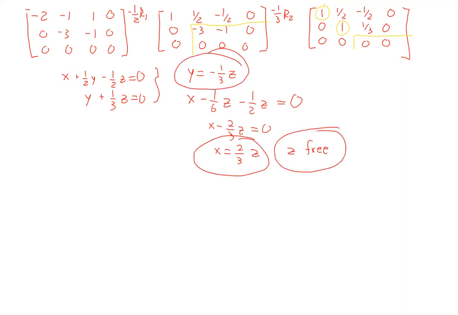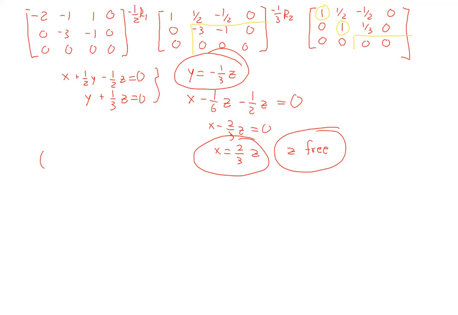Okay. Honestly, I just got to that section, to that column with the y equals negative 1/3 z. So first you simplified. Right.